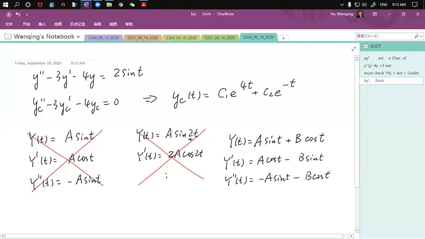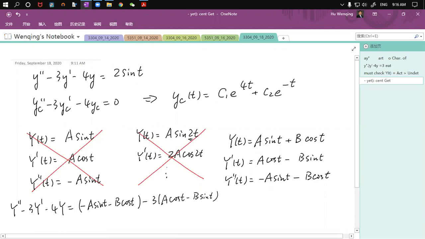Therefore, if you combine them, y double prime minus 3y prime minus 4y is going to be minus a sine t minus b cosine t, and minus 3 times y prime, which is a cosine t minus b sine t, and minus 4 times y, which is a sine t plus b cosine t.